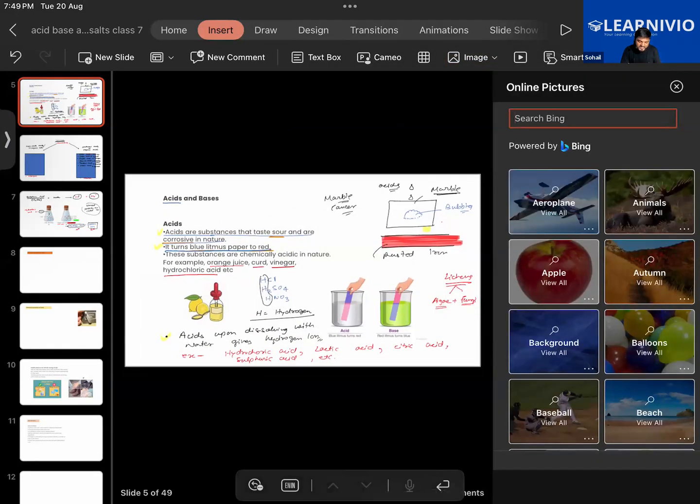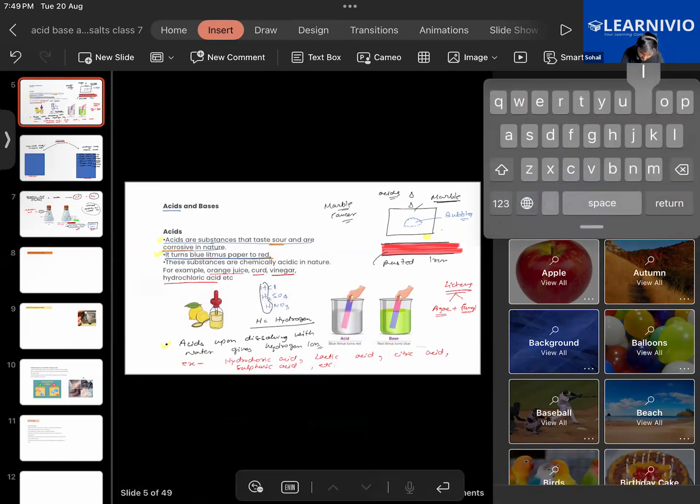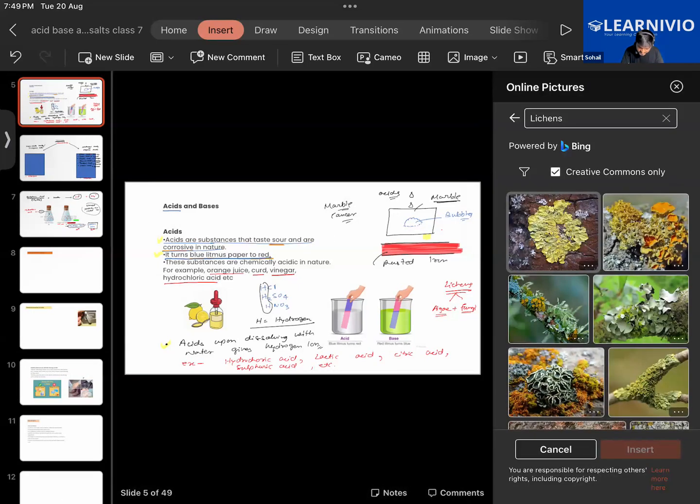Usually, lichens are found living in places that are very much polluted. Just give me a moment. Let me show an image of this to you guys. This is what I'm talking about.